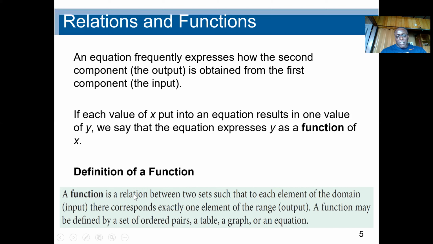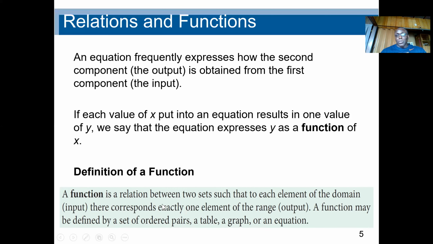So the definition of a function: a function is a relation between two sets such that to each element of the domain, which is the input, the x values, there corresponds exactly one element of the range, the output. What we are trying to say is that if the input is 2 or 10, one value, the output also should be one value.